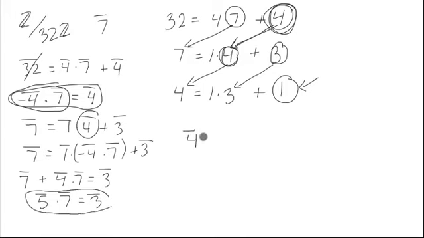So 4 bar is equal to 1 bar, then replace this 3 with 5 times 7. 5 bar times 7 bar plus 1 bar. Oh, but you know what? We're going to have to replace this 4 bar with something right here.